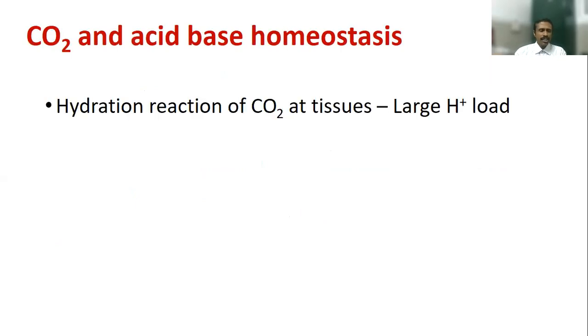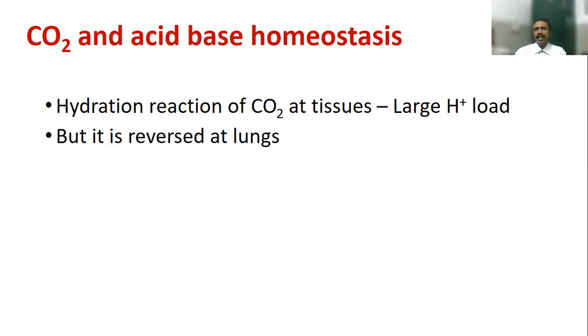Now, the hydration reaction of carbon dioxide at tissues results in a large hydrogen load, but this is not reflected in changes in the pH. The simple reason is the reverse of the hydration reaction is happening at the lungs and carbon dioxide is continuously eliminated. So there is no net addition of hydrogen ion within the circulation.